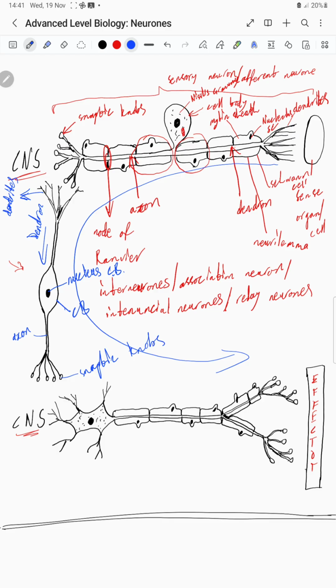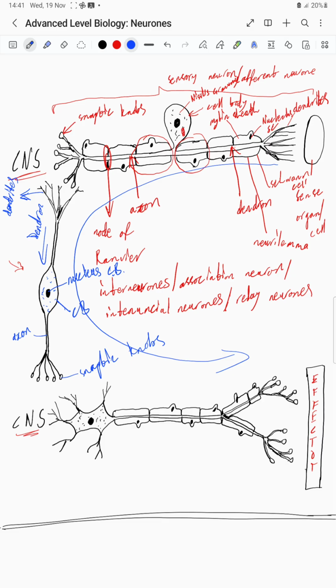We also have Nissl granules inside here. As we can see, there is no myelin and there are no Schwann cells in the central nervous system, so there are no Schwann cells in the relay neurons.